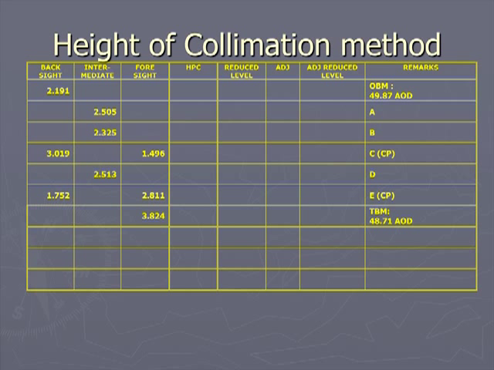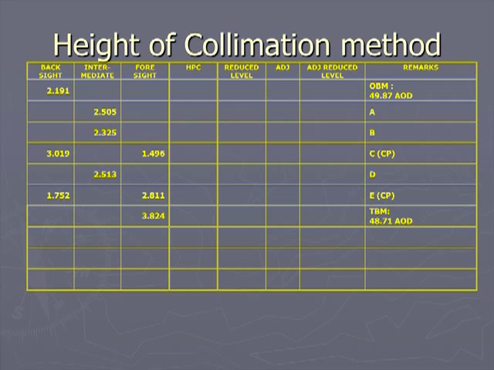If we add to that the reduced level of the point where this reading is taken, which is 49.87, we arrive at the height of plane of collimation, which is the plane that the line of collimation describes when the telescope is rotated in the horizontal plane.